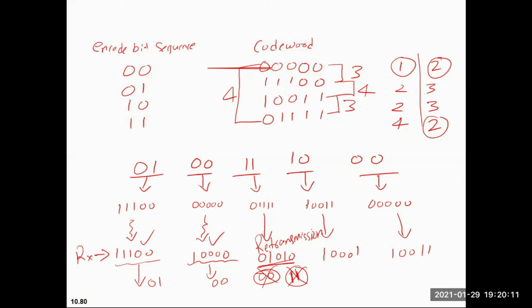In the third case, where I only have error in 1 bit, this 1 is converted into 0. Let's calculate the Hamming distance of this one from the first. It is 2. If you calculate the Hamming distance from the second, it is 1 plus 1 plus 1, that is 3.